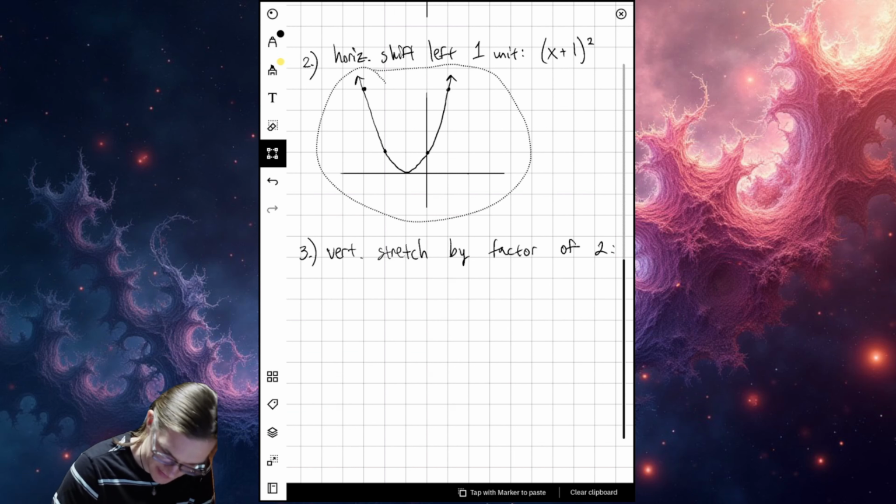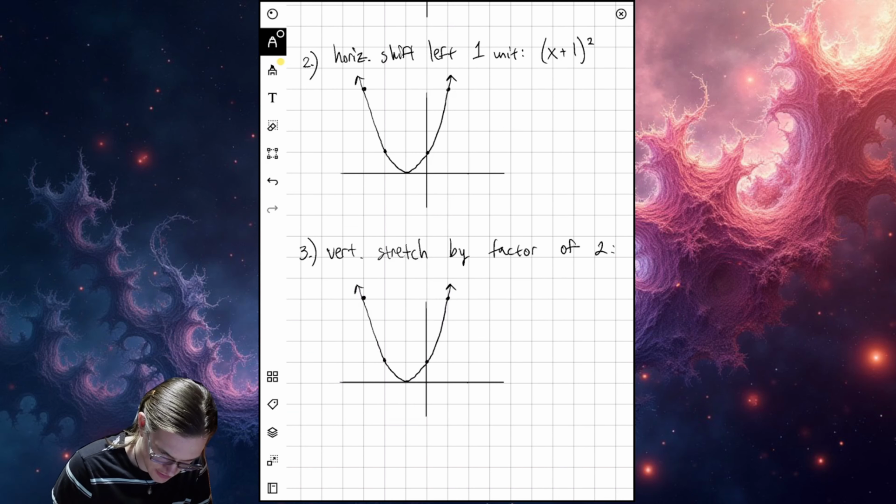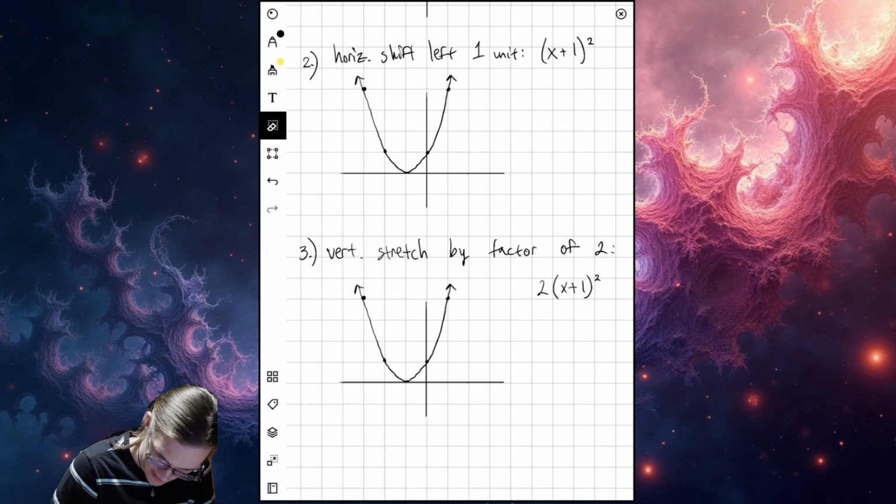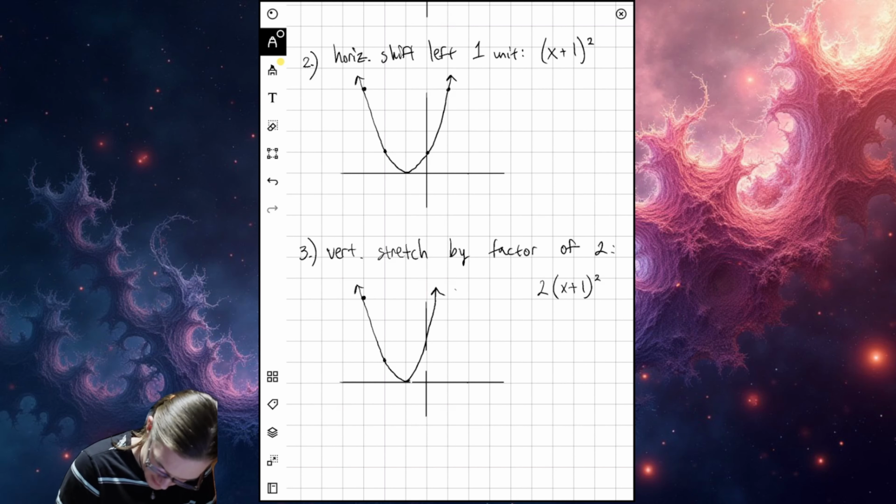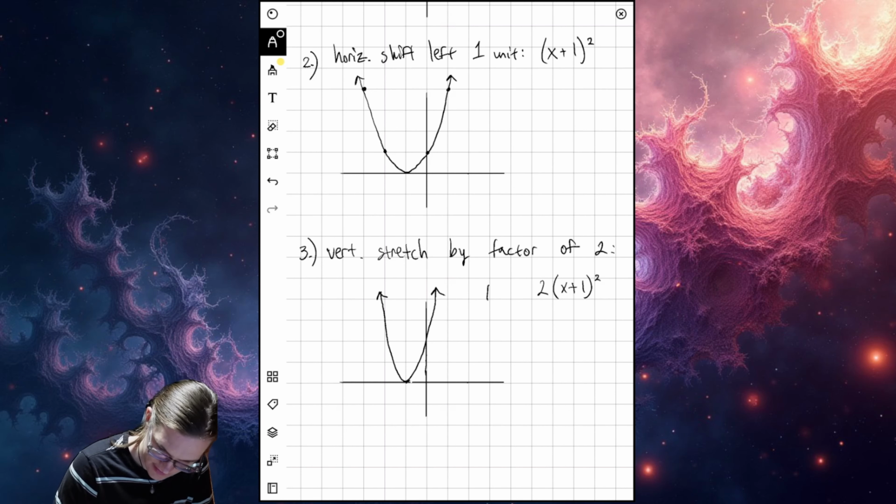So I'll take the updated graph and stretch that by a factor of 2. It won't be perfect, but I don't want to calculate each actual point because it would take too much effort. But a quick sketch of it would look like this. All right, that's that function now.